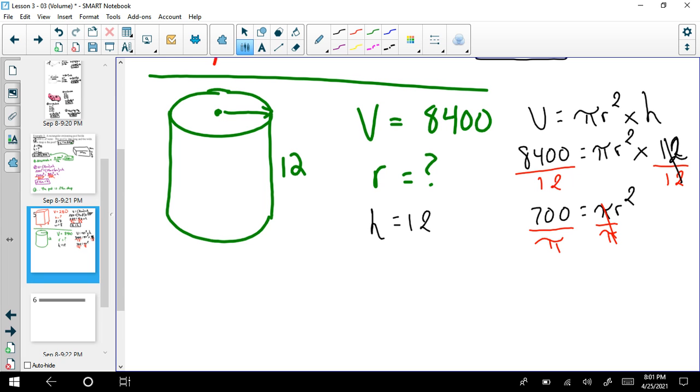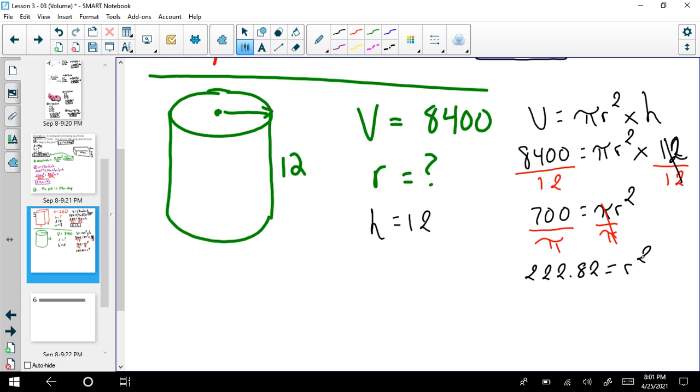Those cancel out. So then I get 700 divided by pi. So 700 divided by pi is going to give me 222.82 equals my r squared.